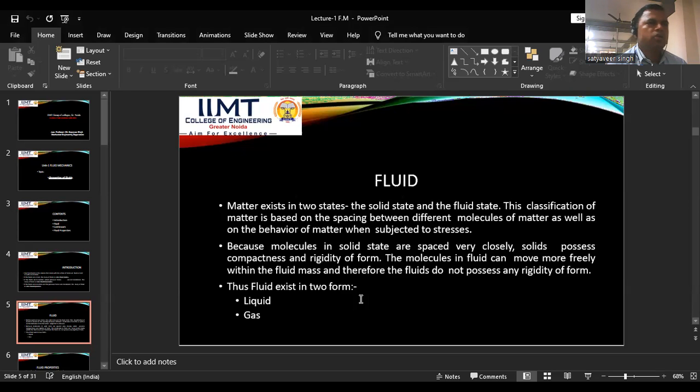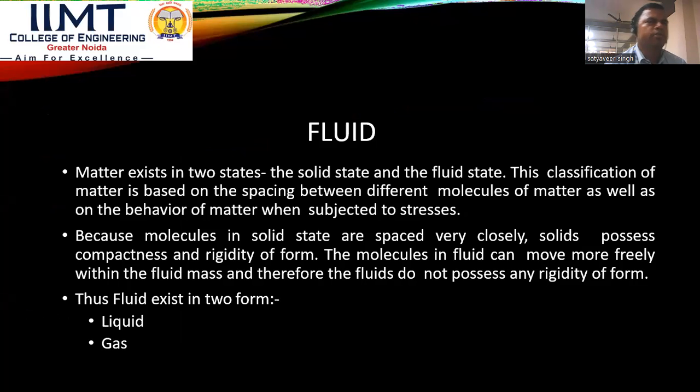What is fluid? We'll discuss the fluid and its properties. Fluid is any substance that can flow, and fluid may be liquid or gas. So these are the two forms of fluids. As we all know, matter exists in two states, solid state and fluid state.